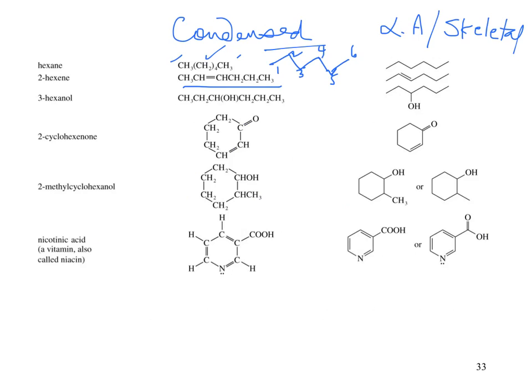Another thing that I would like to mention here is the use of parentheses. Anytime you see something in parentheses, that basically means that that particular group or substituent, and when I use the word substituent, it means something like a CH3, is falling off of the carbon preceding that. So what that means is 1, 2, 3, 4, 5, 6.